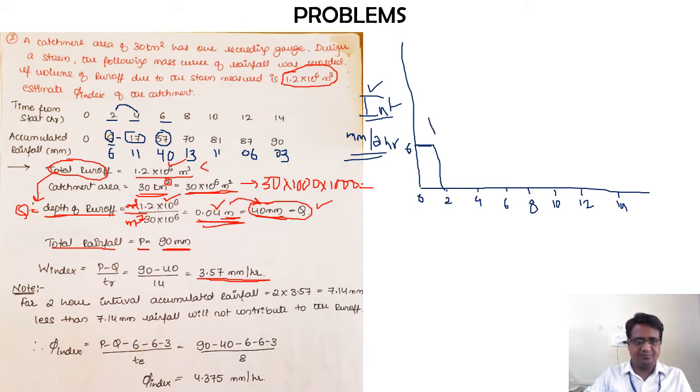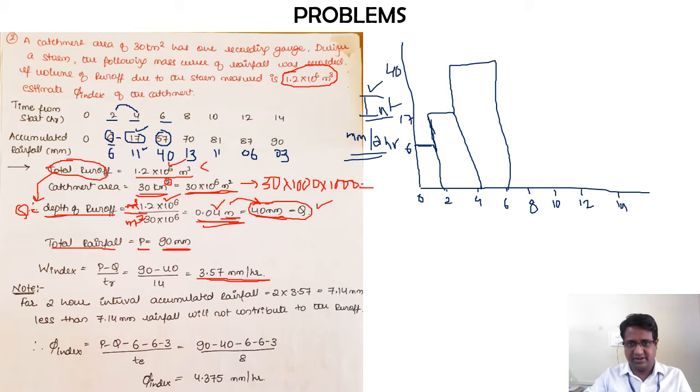I'm not going to take 17, I'm going to take 11, the reason being that it is an incremental value. So I'll draw it as 11. Next we have 40.